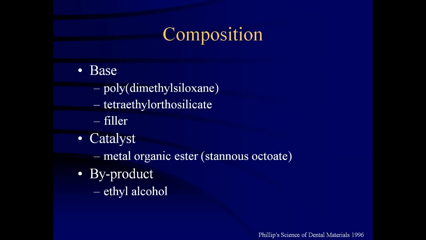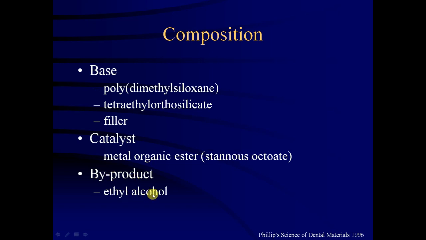Now coming on to the composition, it has a base and a catalyst, similar to the polysulfide, and a byproduct. The base is polydimethyl siloxane and tetraethyl orthosilicate and the filler particles. The catalyst consists of a metal organic ester, that is stannous octoate. The byproduct is ethyl alcohol.